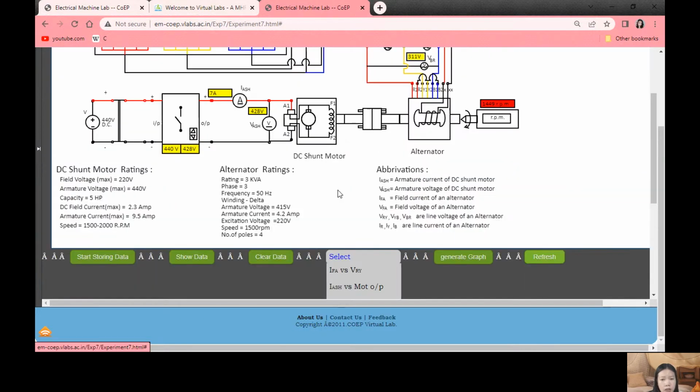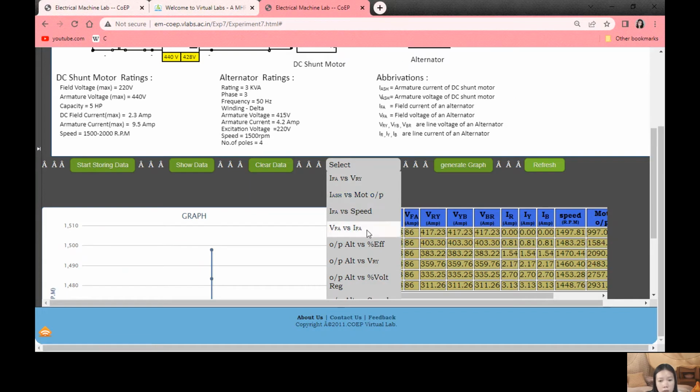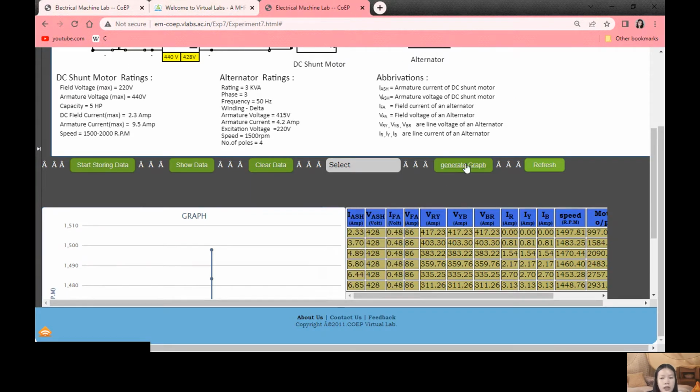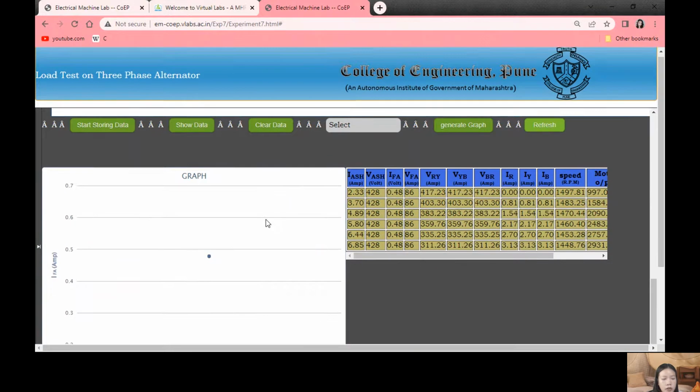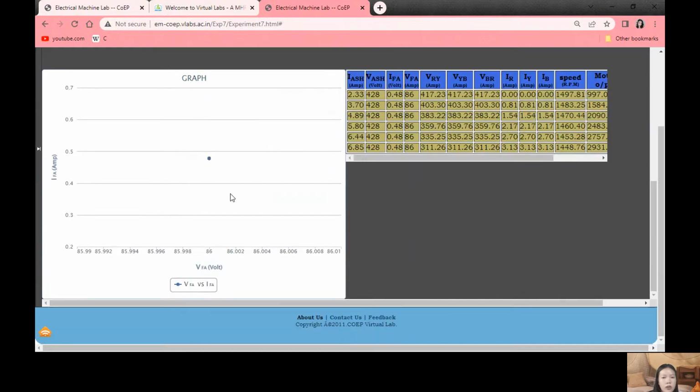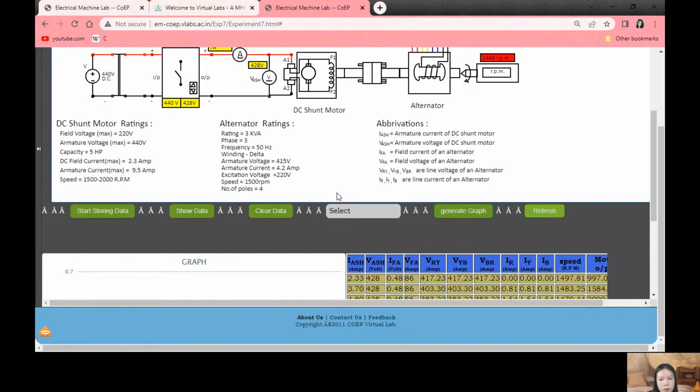Next natin is yung VFA versus IFA. So, generate tayo ng graph. So, since parehas silang constant, yung field current natin is constant by 0.48 ampere, and then yung field voltage natin is constant naman siya by 86. So, dot lang yung graph niya.